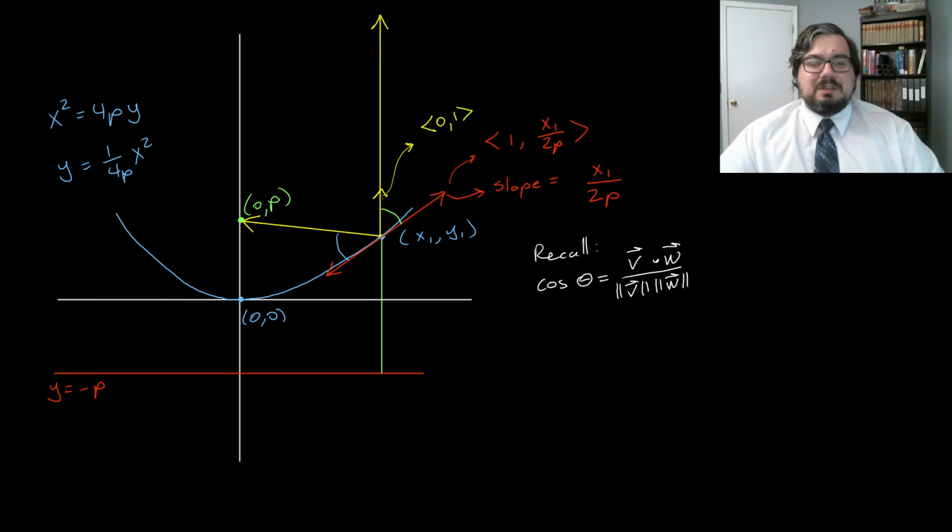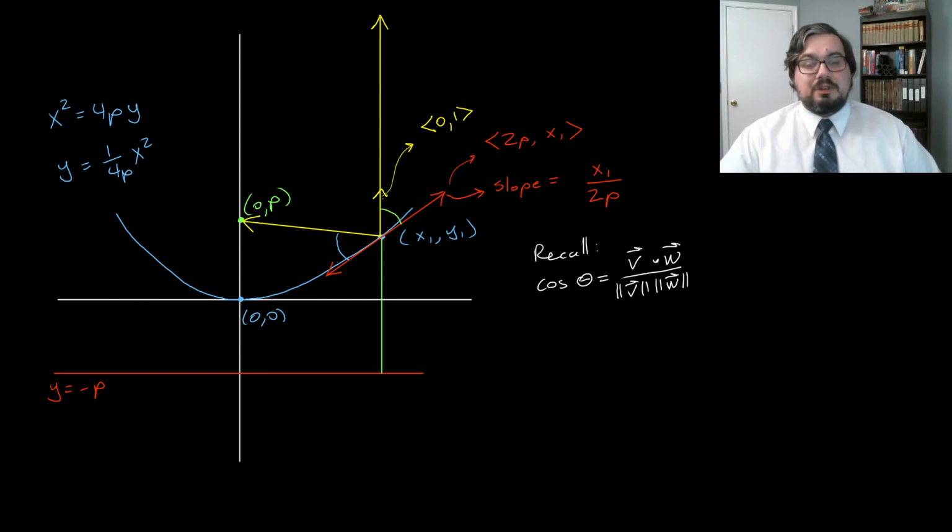However, using fractions is actually a little bit of a pain, so it's going to be even better for us to use the vector 2p, x1. This vector still has a slope of x1 over 2p, because the slope is computed by taking basically the y-coordinate divided by the x-coordinate.